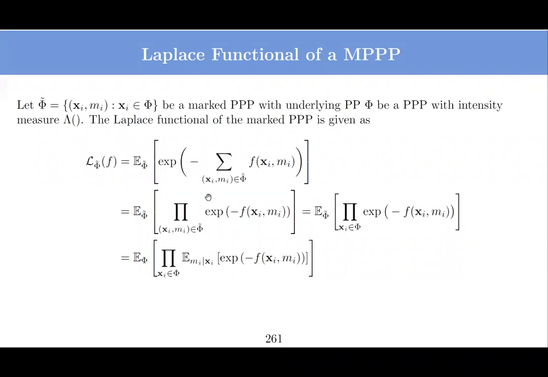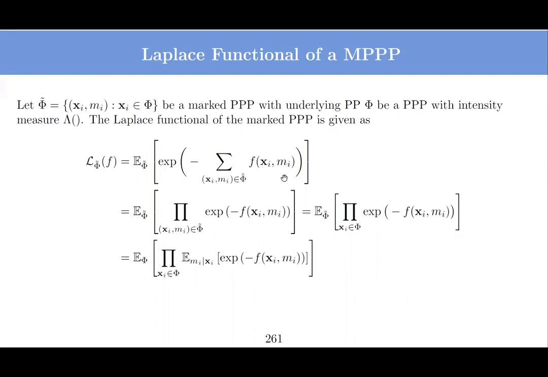The Laplace functional of a marked point process can be similarly computed. Remember that for a normal point process, the Laplace functional is given as the expected value of exponential of minus the summation of f(x_i). Here, in the marked point process, the coordinates are actually (x_i, m_i), so this will be defined as the summation of f(x_i, m_i).